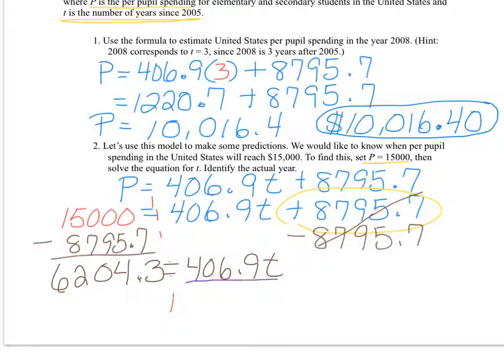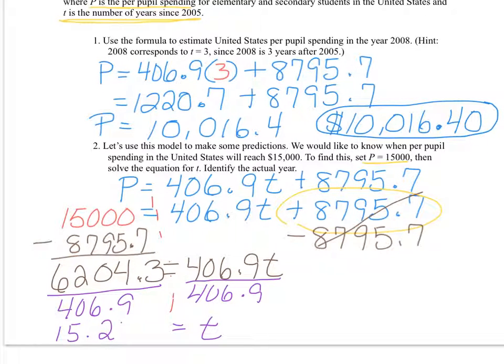So we're going to divide by 406.9, divide by 406.9. Okay, and we get T equals 15.25. All right, so that would be in the 15th year, because it's 15 years and a little bit.